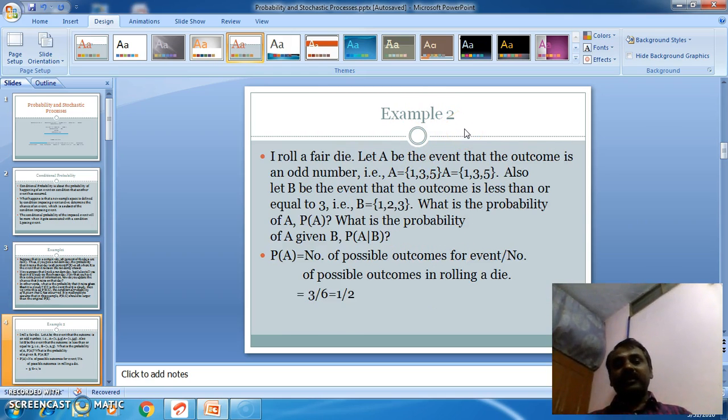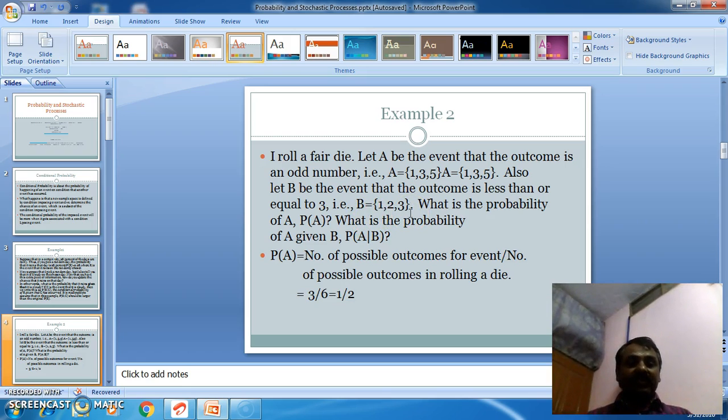Let's see a quantitative example. I roll a fair die. Let A be the event that the outcome is an odd number, that is, A is equal to {1, 3, 5}. Also, let B be the event that the outcome is less than or equal to 3, that is, B is equal to {1, 2, 3}.